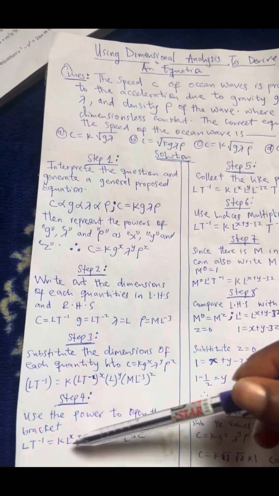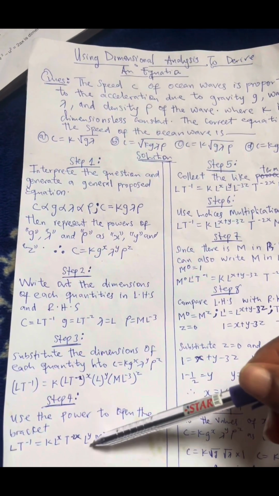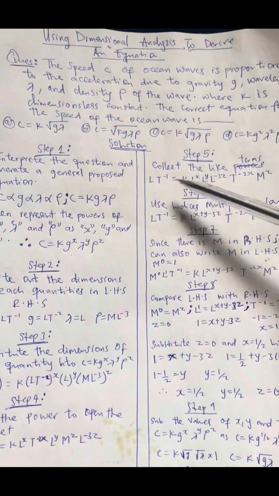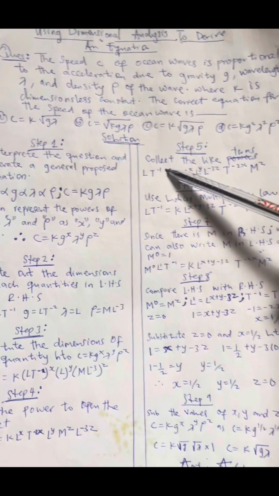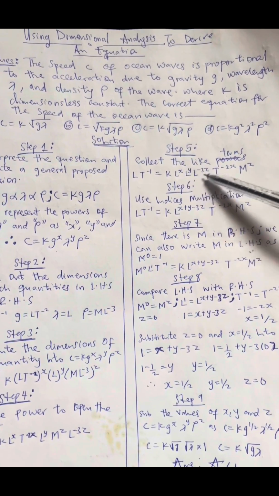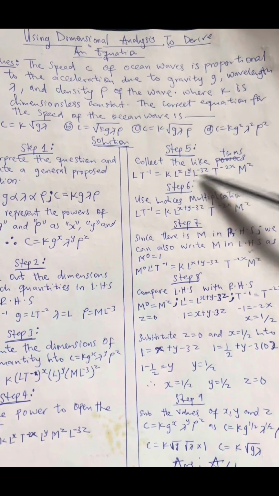You will see that in the right-hand side we have L here, L here, and L here. We are going to write the three L's together. So that is why we write it as LT raised to power minus 1 equals k L raised to power x, L raised to power y, L raised to power minus 3z. We collect the like terms together.